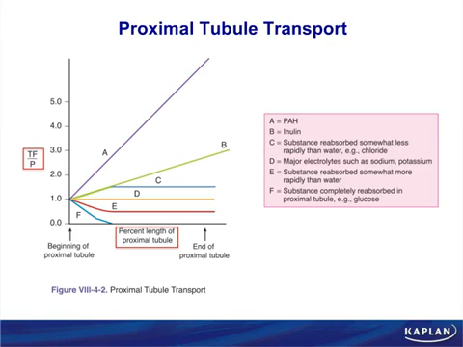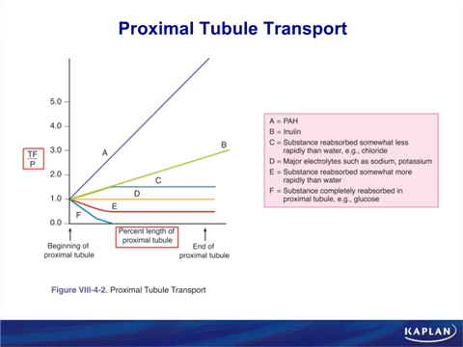Inulin is freely filtered. As you move down the proximal tubule, why does the tubular filtrate concentration of inulin increase? Remember, inulin is not secreted. Inulin is not reabsorbed. What happens? Well, as you move down the proximal tubules, you reabsorb 2/3 of the water that was filtered.